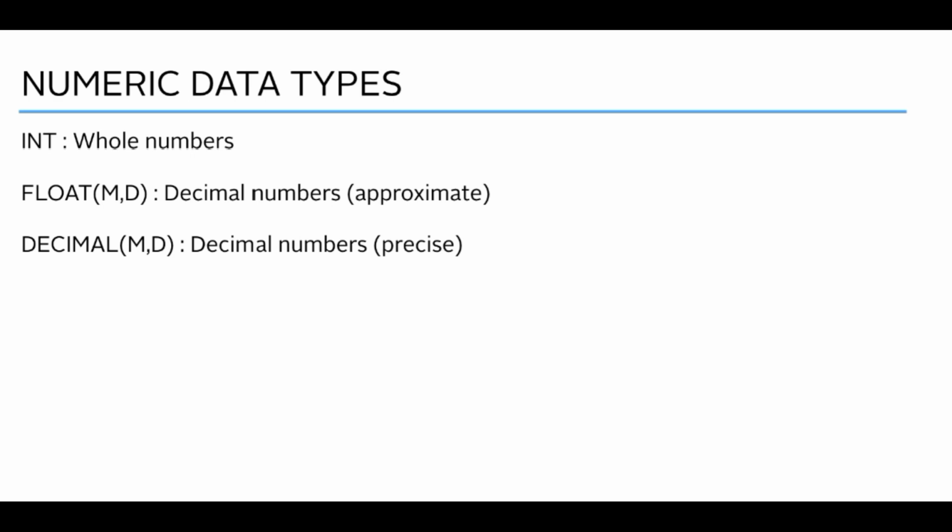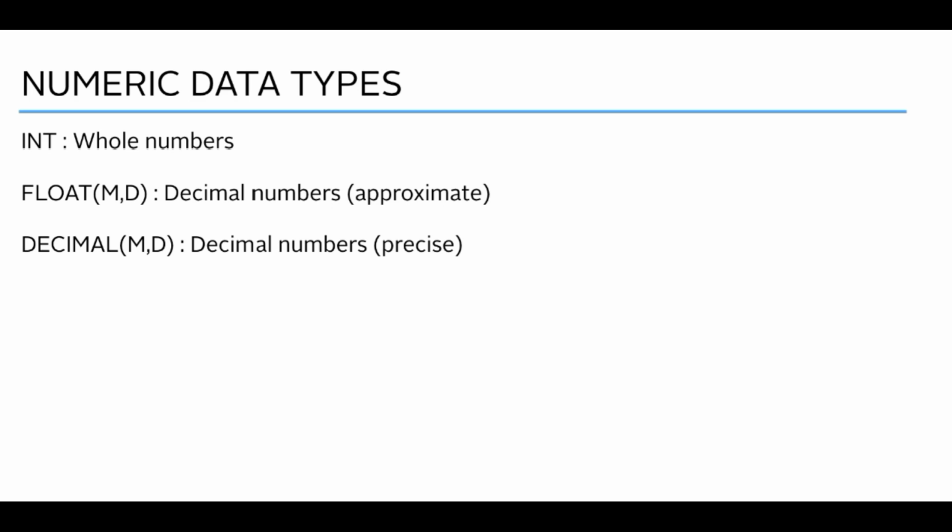And then there's the decimal data type. Now this is almost exactly the same as a float, except you can see it's for precise decimal numbers, whereas float is approximate decimal numbers. So for a float, it will include rounding. So for example, if you only allowed 2 decimal places in a float, but you tried to enter a number like 62.5, then it's going to round that last number up to a 3, so 62.53.